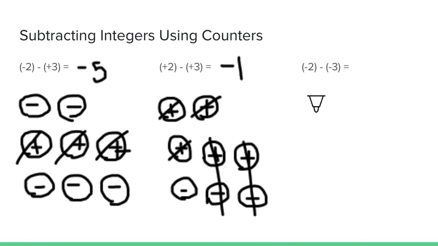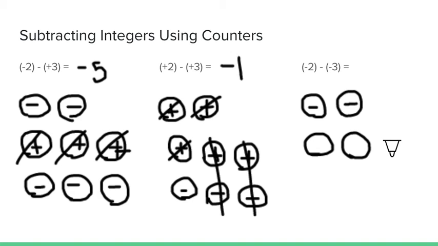All right, now let's do this last question here. I have -2 to start with, so I draw my -2 counters. But they want me to take away -3. Remember, if we're taking away a negative, our answer is going to end up being more positive than what we started with. I only have -2 to take away. I don't have -3, which means I can go ahead and draw in 3 negatives that I need to take away.